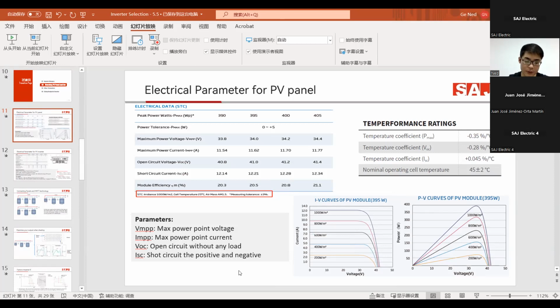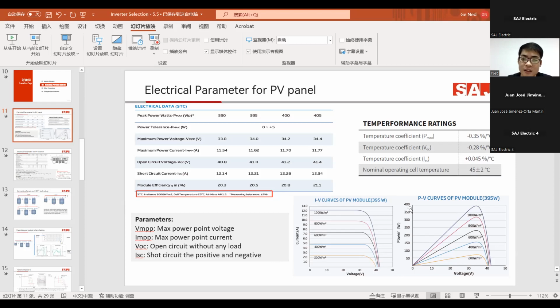Also, you need to be aware that this data was captured at the STC condition: the temperature, the radiation, and the air mass. So if the air temperature is lower, the output voltage of a module will be higher, and the output current will be less. So this is the PV module's characteristic. And then there's the IV curve and the PV curve here.